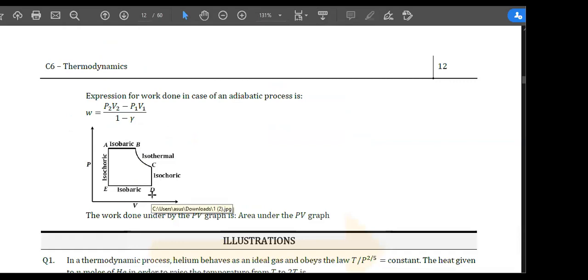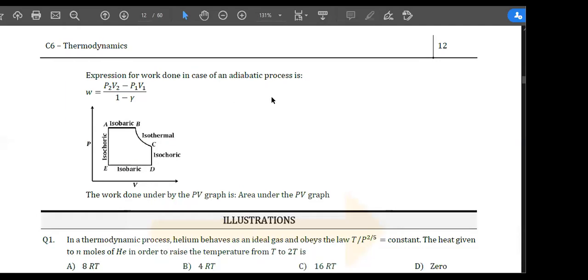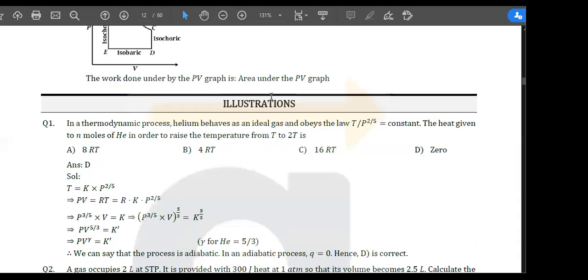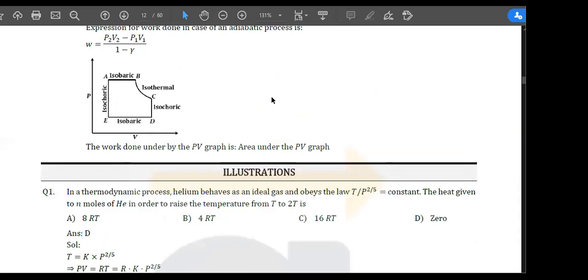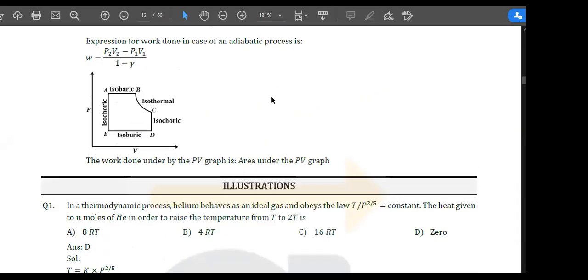So this is the formula for work done in case of adiabatic process, right? So we have solved it. Okay, so have you gone through the illustration? Tell me, everyone. I hope all of you have gone through the illustration. It was given as homework. Tell me, how many of you went through the illustrations?